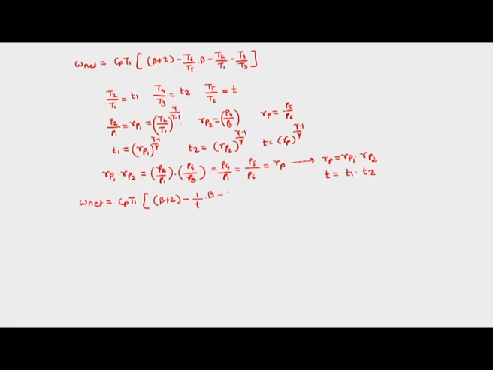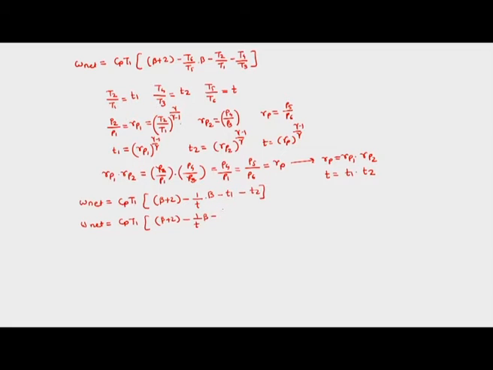T2 by T1 is T1, minus T4 by T3 is T2. So we have W net is equal to Cp T1 into beta plus 2 minus 1 upon T beta.